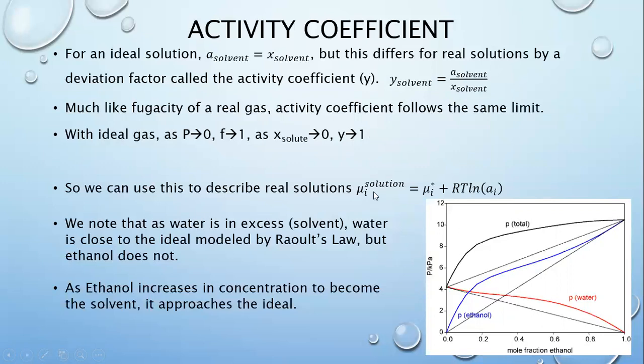So we can use this to describe our real solution, saying that the chemical potential of a solution is the pure solvent chemical potential plus RT ln activity. So we know that as water is in excess, the solvent, it is close to the ideal modeled by Raoult's law, but ethanol is not, and that's suggested.